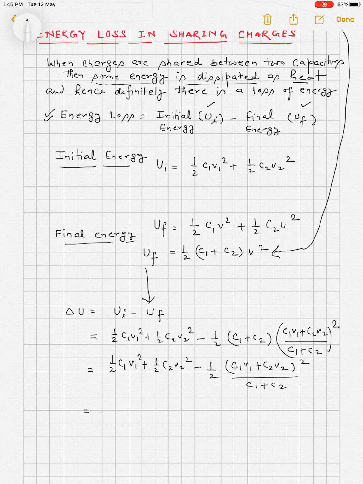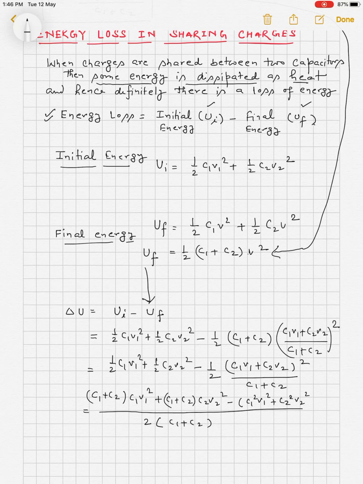Now taking LCM, the LCM comes out 2 (C1 plus C2). So multiplying this by (C1 plus C2), it is C1 V1 square, again it is (C1 plus C2) C2 V2 square, minus, opening this bracket, C1 square V1 square plus C2 square V2 square plus 2 C1 C2 V1 V2.